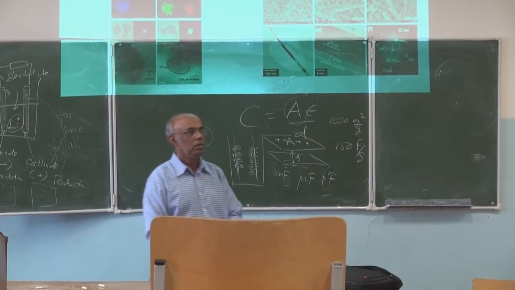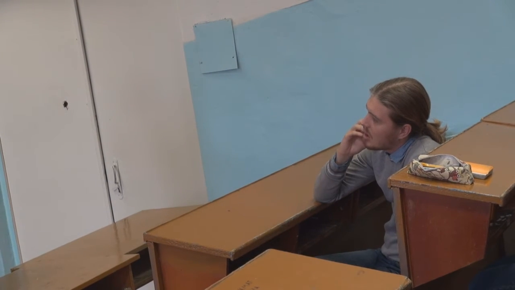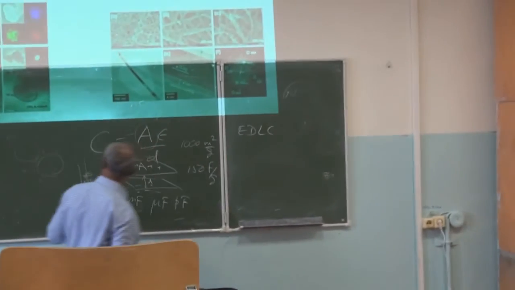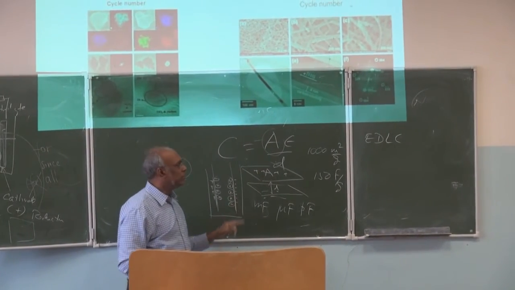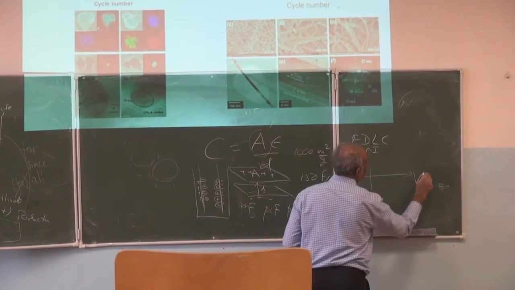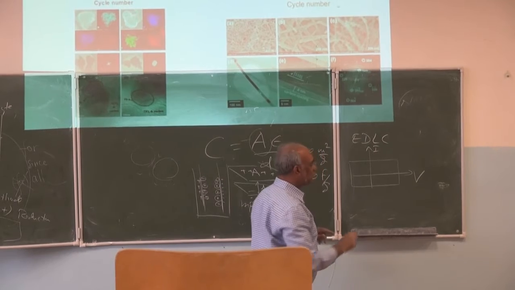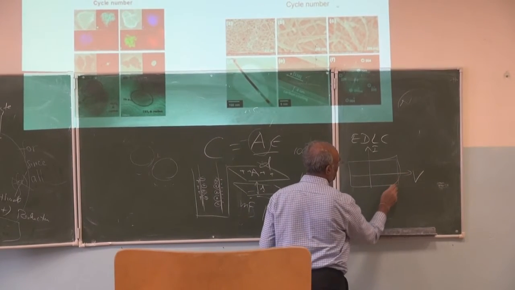Gamini, for supercapacitors, should we combine electrical double layer capacitance plus pseudocapacitance? Yes, yeah. Where is it in this scheme? Not in this one. Typically, if you look at this, this is called the electrical double layer capacitance. This is the double layer, right? If you look at your current and voltage, they are pretty much like this. Ideally it looks a little bit like this.